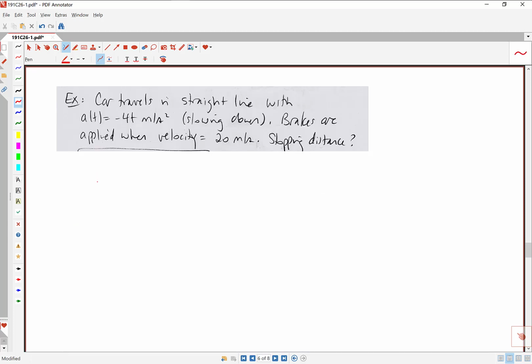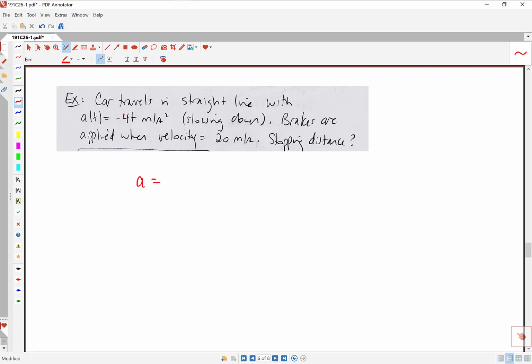So next problem, we're told that a car travels in a straight line with a given acceleration. Notice that the acceleration is negative, so that means the car is actually decelerating or slowing down, you could say. The brakes are applied when the velocity equals 20 meters per second, and we want to find the stopping distance. So let's start with acceleration.